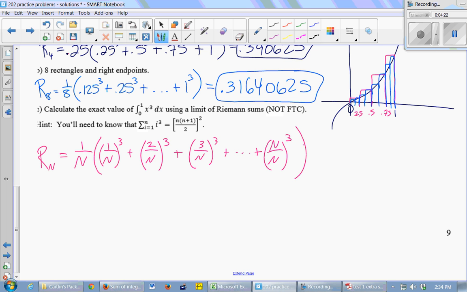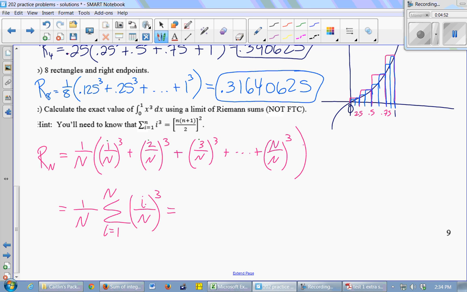Okay, so now I'm going to rewrite this using summation notation. So keep my 1 over n. And then all of these terms look the same, except for the numerators are changing by 1 every time. So I can use summation notation to write this as (i/n) cubed, where i starts at 1 and goes up until n. It increases by 1 every time until it gets to n.